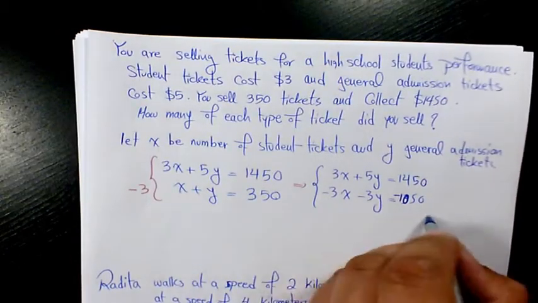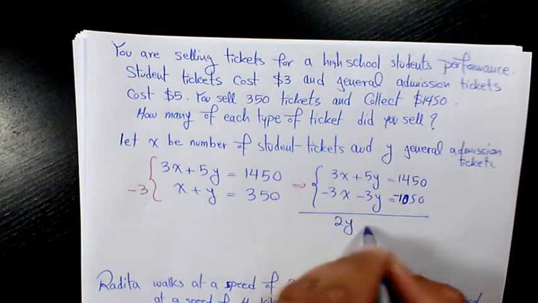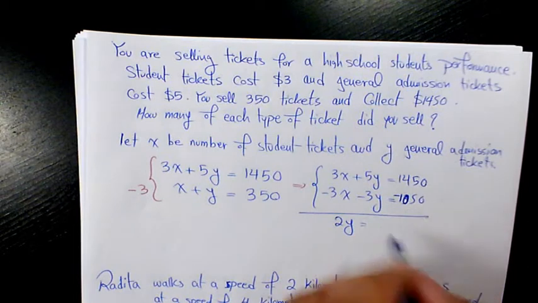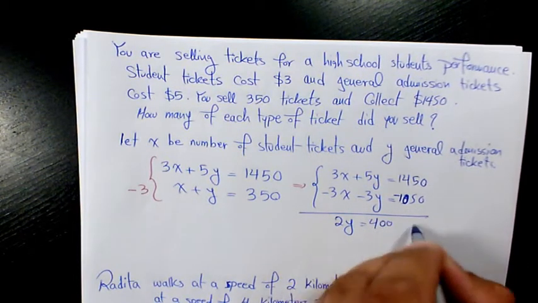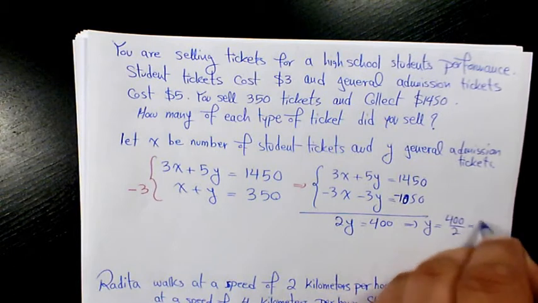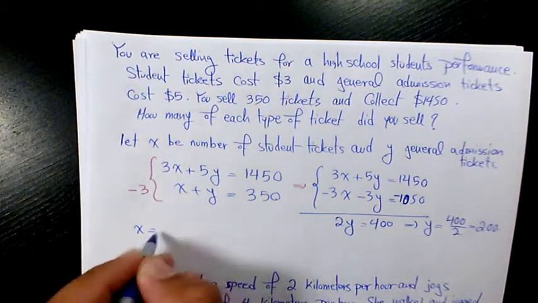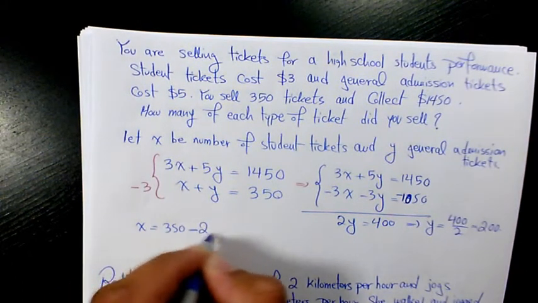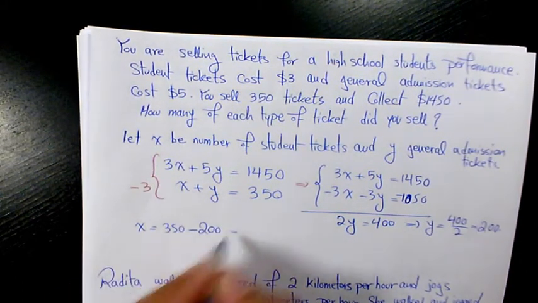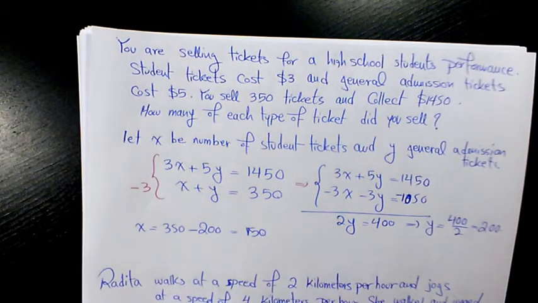So when you add them, 5y minus 3y is going to be 2y. 1450 minus 1050 is going to be 400. So y will be 400 divided by 2, which is 200. So x will be 350 minus 200 based on the second equation. You can sub it into the first one also, but the second one is going to be easier. It's going to be 150.